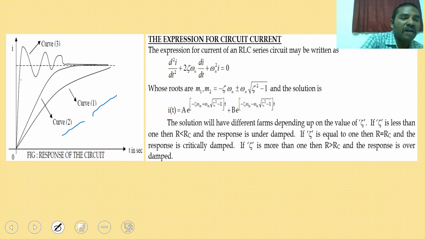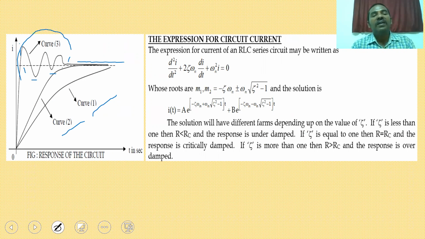You can get oscillations and reach a state of stability for a certain time. So these are the three cases you are getting.